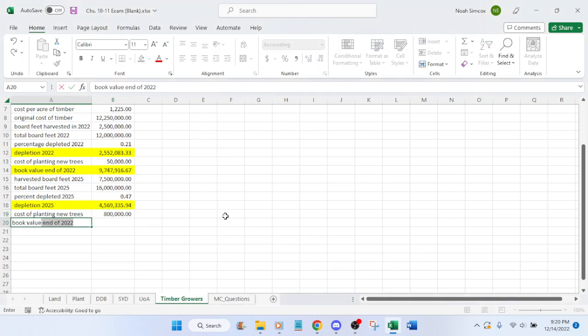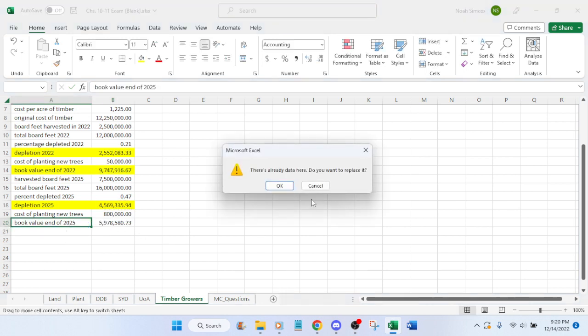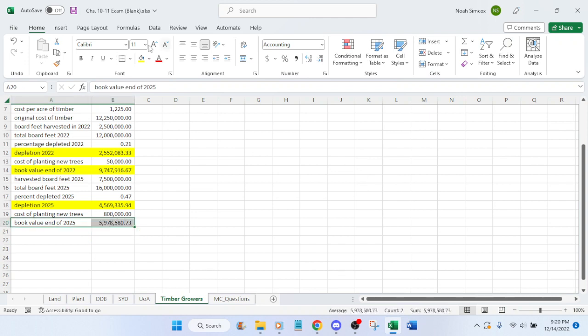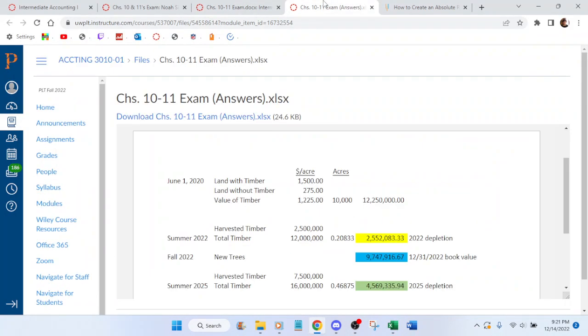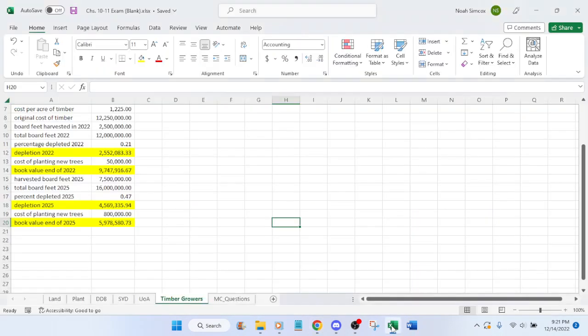So book value end of 2025 equals this minus this plus this. And we have cancel. My goodness, that wasn't even that hard. It was only hard on the test because I had never practiced it before. Oh my goodness. 5,978,580.73.